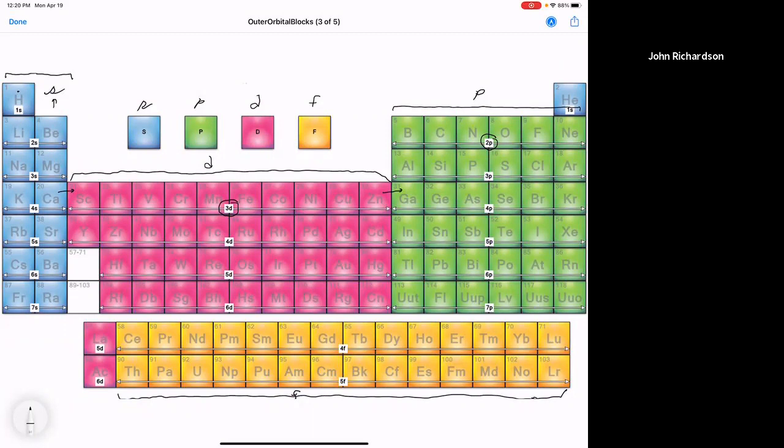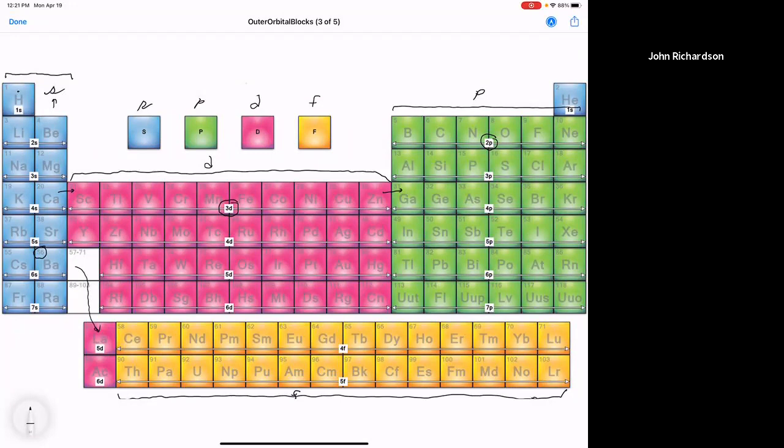The only other funky thing that sometimes happens is when you get down to barium, which is element 56. You're finishing out a 6s, but notice what happens here. Lanthanum, element 57, actually puts an electron into the 5d. Then notice where we go after that.